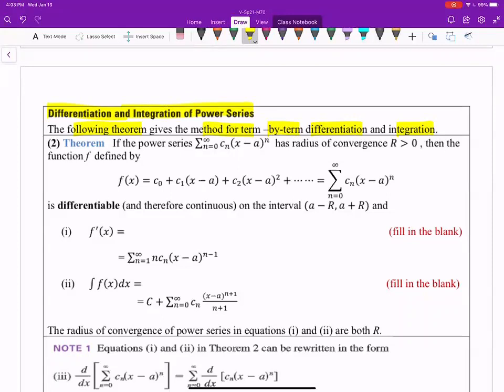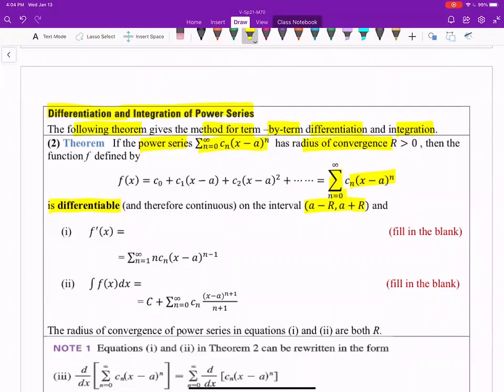If the power series sigma n varying from 0 through infinity c sub n times x minus a to the power n has radius of convergence r more than 0, then the function f defined by f of x equals c0 plus c1 times x minus a plus c2 times x minus a the whole squared, in the expanded form, which in sigma form is sigma c sub n times x minus a to the power n, n varying from 0 to infinity, is differentiable and therefore continuous on the interval a minus r to a plus r.